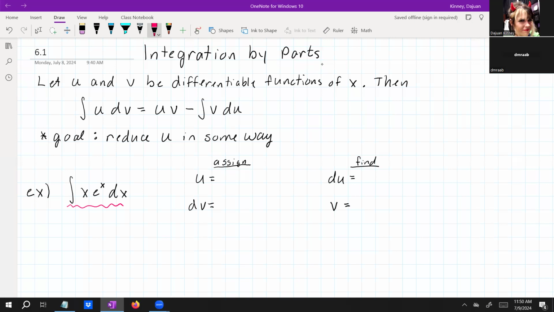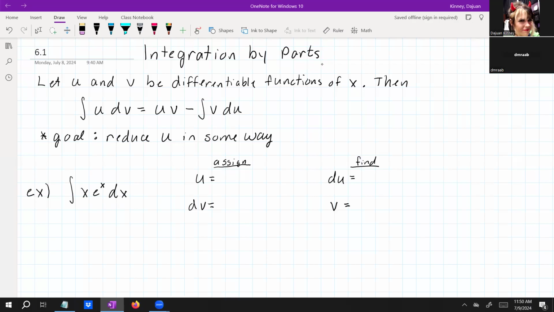So practice finding them. I know the book goes through and gives you some good hints on which ones to do, but for example, if I have the one example we have below here, so I need to assign something to be my u and something to be my dv. Well, if I take the derivative of x, it's going to give me 1, which goes away.